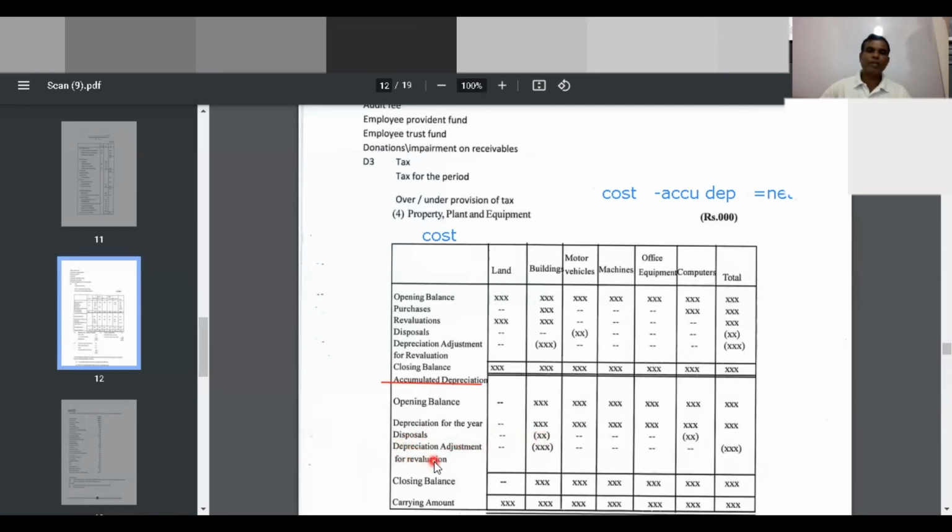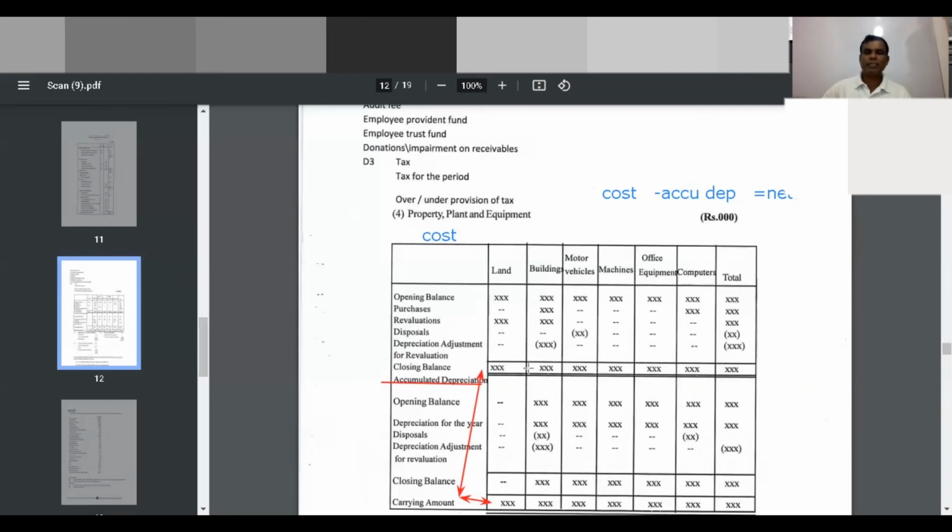Depreciation adjustment for revaluation can be done when you are doing examples; it should be recorded here. And then you see the closing balance, what we call the accumulated depreciation. In the end, land has no accumulated depreciation. So that total is what we call the net value or carrying value.